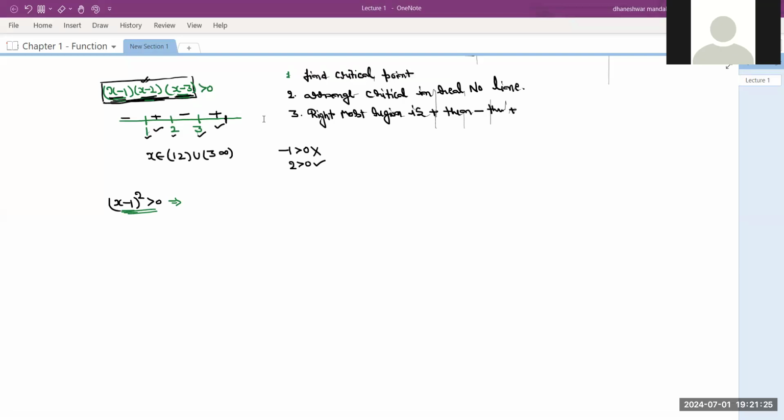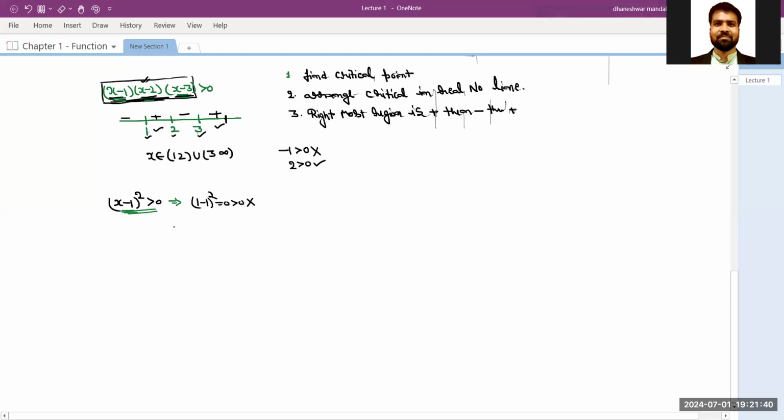So 1. Absolutely right. If I put 1 here, then 1 minus 1 becomes 0, and 0 is not greater than 0. See, if I take this term equal to 0, then for x equal to 1 this expression becomes 0, and 0 is not greater than 0.